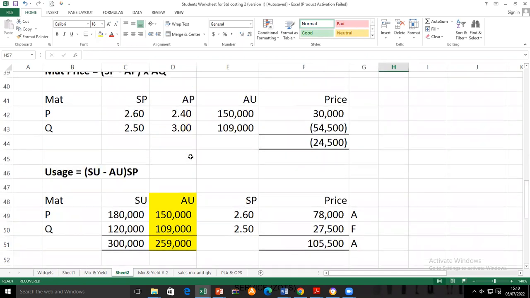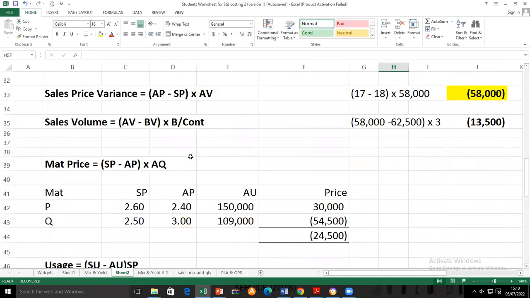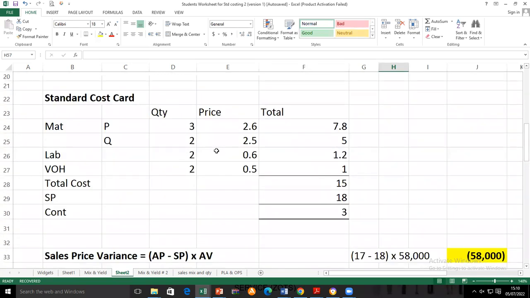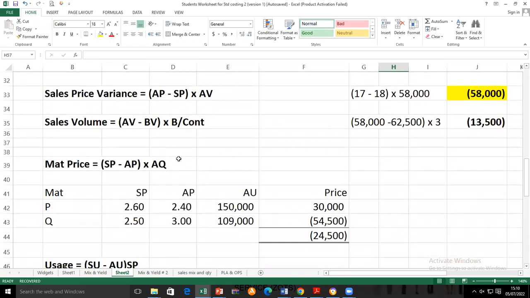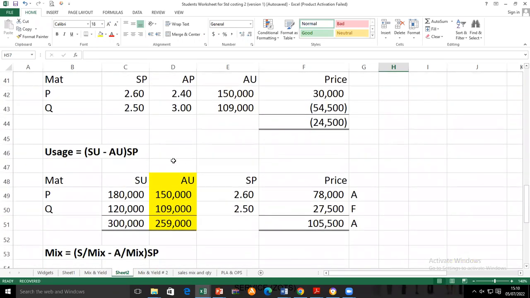Let me take you back. Excuse me, sir. Yes, please. I'm lost on the material usage. Let's go to material usage and start with the formula. Are you happy with the formula? Where I had the question is on material P. Is it the adverse variance or favorable? 180 minus 150.